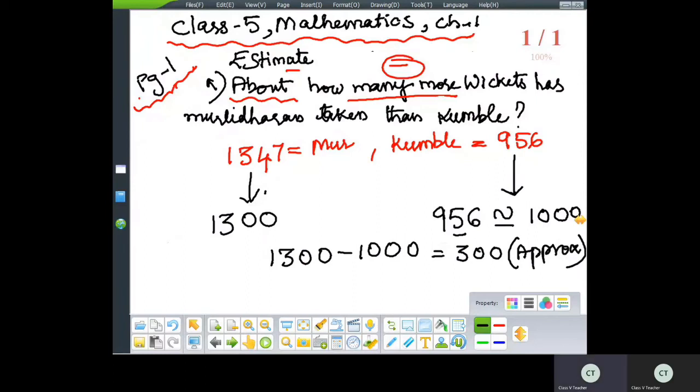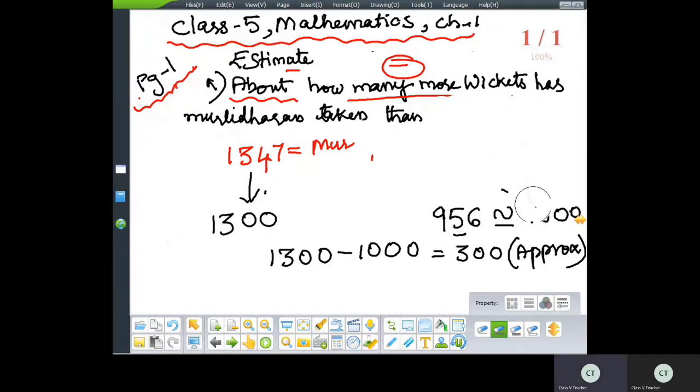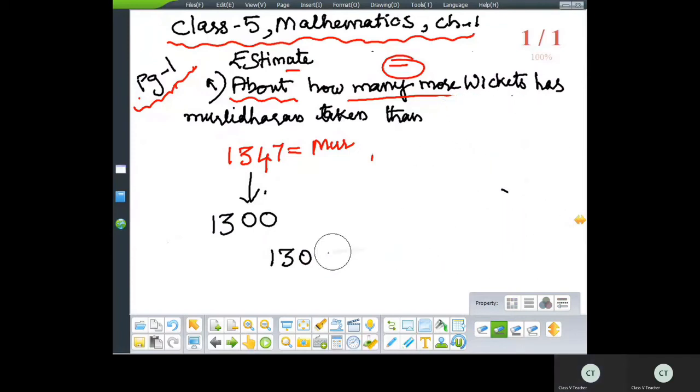Okay, children. The next question: how many more wickets has Muralidharan taken than Vaughan? Who is Vaughan? Muralidharan is 1300 wickets and Vaughan is 1001 wickets. So just a change in the question here again. The same type of question, again an estimation problem.